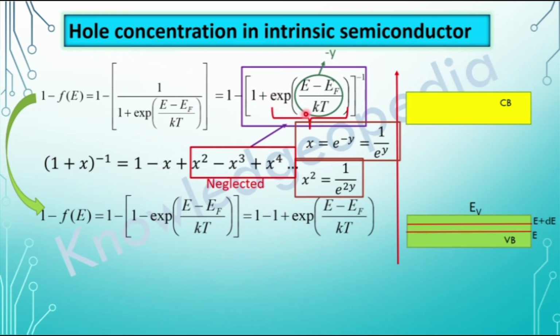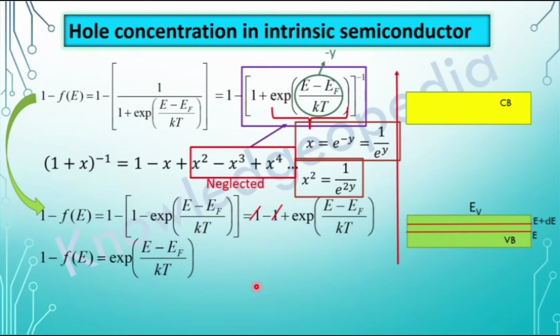So 1 minus this exponential factor is our x. So it is 1 minus [1 minus exponential (E minus EF) by kT]. Now if I open this bracket, this 1 will become minus and this exponential function will become plus. So it is 1 minus 1 plus exponential (E minus EF) by kT, and here plus 1 and minus 1 cancel, and we get 1 minus f of E is equal to exponential (E minus EF) by kT. So this is the approximation which we will be using in our calculation.